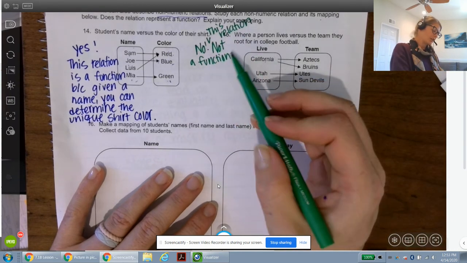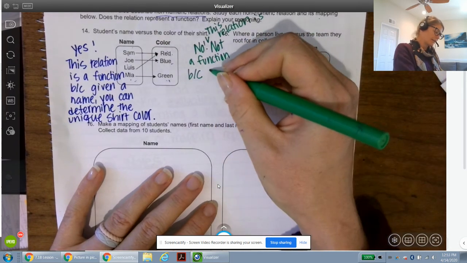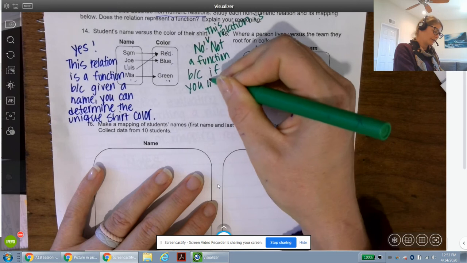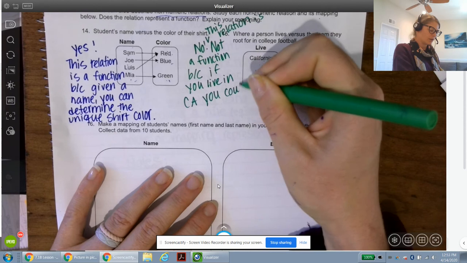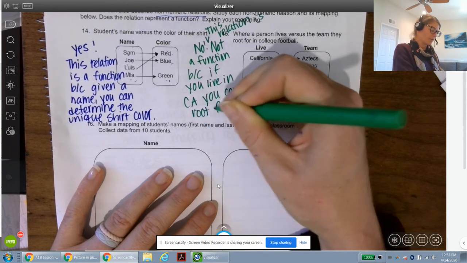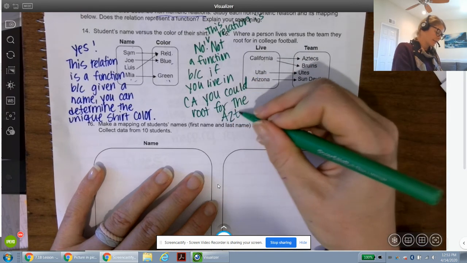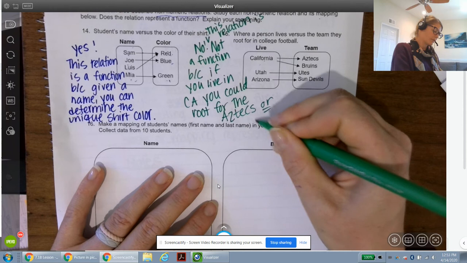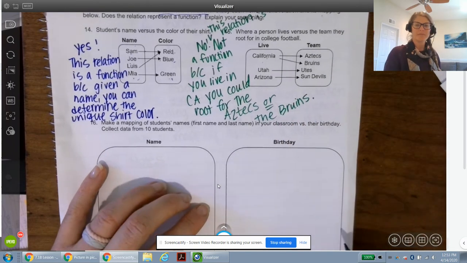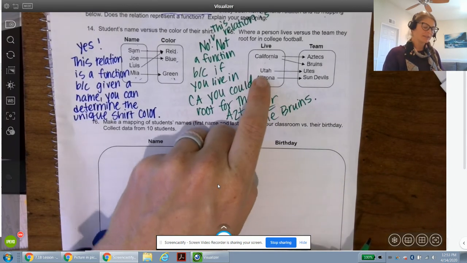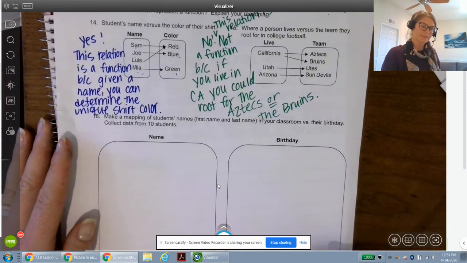No, this relation is not a function because if you live in California, you could root for the Aztecs or the Bruins, meaning each input does not have a unique output. The input of California corresponds to two outputs.